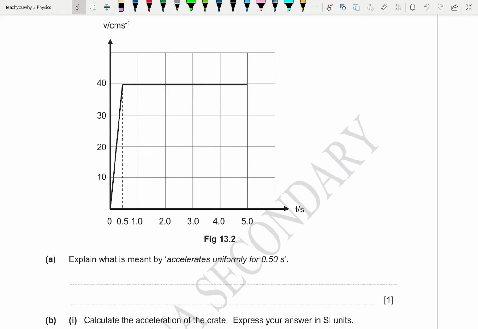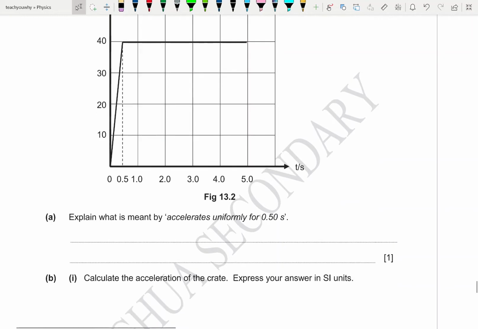Explain what it means by accelerate uniformly for 0.5 seconds. So what is acceleration? Acceleration means the rate of change in velocity.